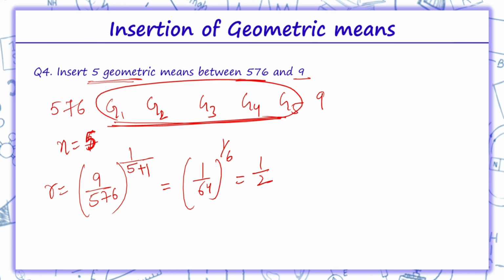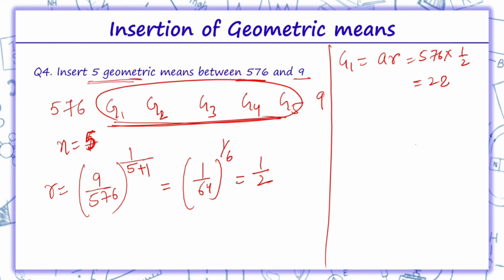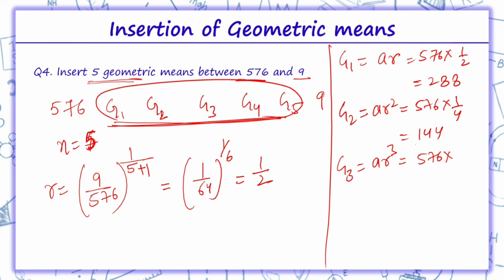Now we have got the value of r. Now g1 is a2, which is written as ar, that is 576 into 1 by 2, which is 288. Similarly g2 is ar square, 576 into 1 by 4, which is 144. g3 is ar cube, 576 into 1 by 8, which is 72.